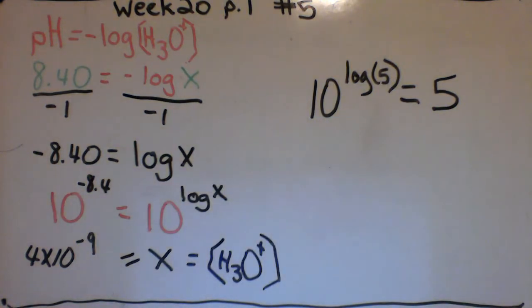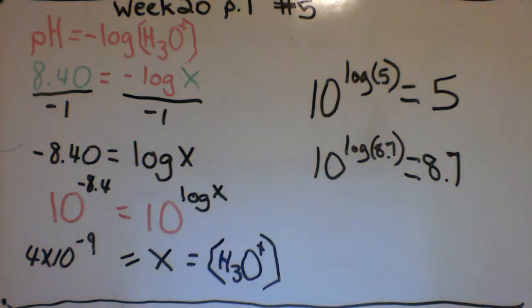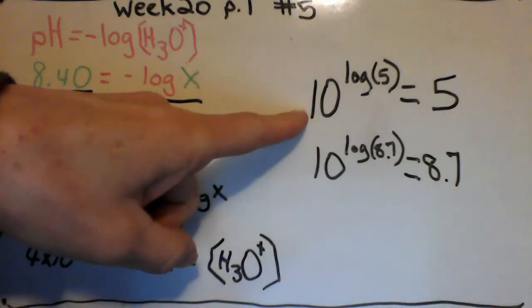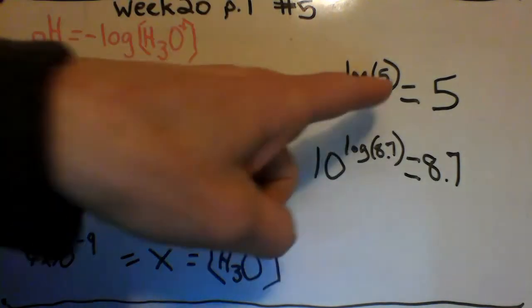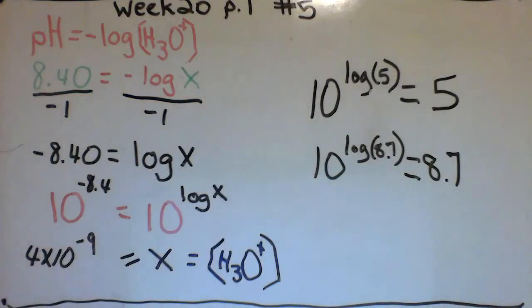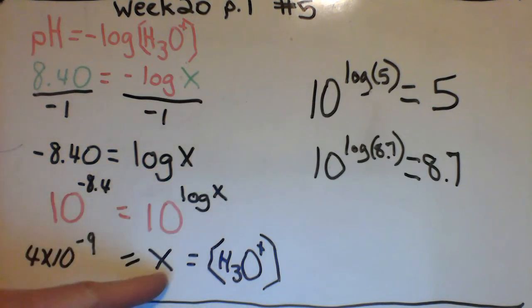What if we raise 10 to the log of 8.7? You see that 10 to the power of log 8.7 is 8.7. Therefore, we know that whatever is with the log up here, when we raise it with a base of 10, change it to an exponent, that number will be what this is equal to. So we can logically say that 10 to the log of x equals x.